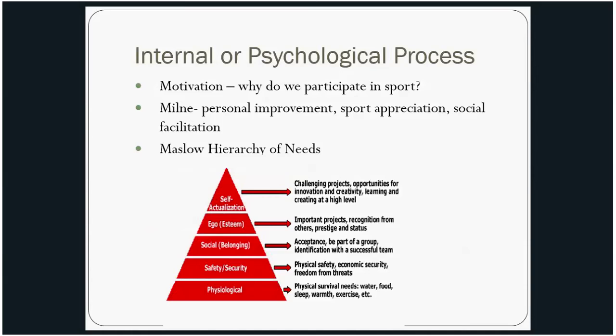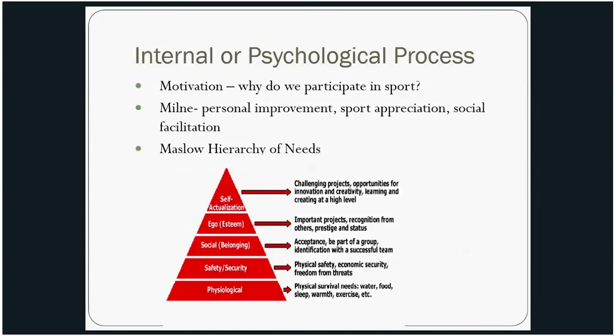We can look at our psychological processes, our motivation. Milne showed that we look and participate in different things, one to improve, then to appreciate, and then for social facilitation. Are we playing in a sport just to meet people, to have fun, to do recreation aspect, and intramurals? Or are we doing that because we want to win?